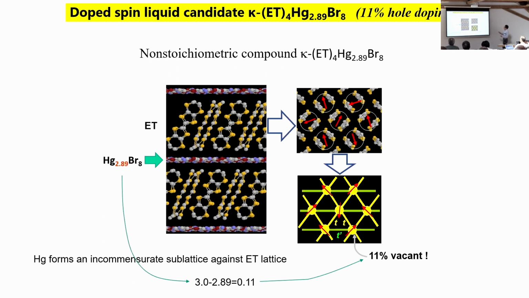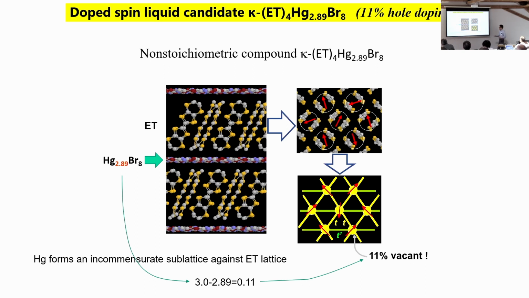If the content of the mercury is 3, then there is one hole sitting on each dimer, so it is a Mott insulator. However, the missing portion of 0.11 gives the hole doping. It's 11% hole doping. But this non-stoichiometry occurs due to the incommensurate lattice of the mercury against the ET lattice.